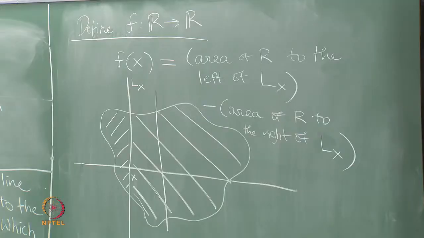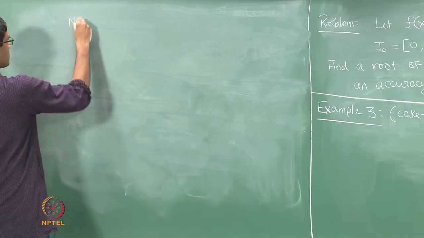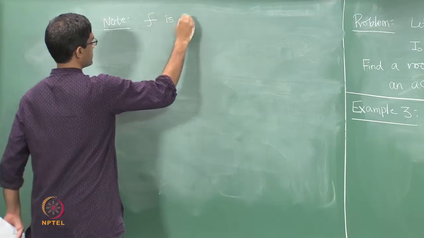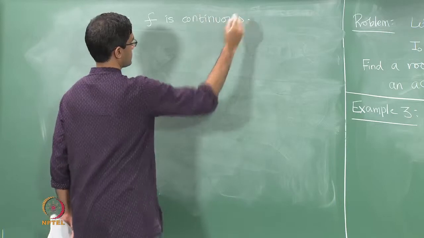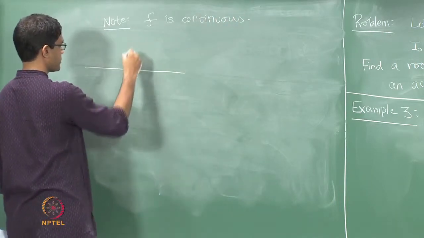Having defined the function, what we now need to do is check that. Firstly, observe this function f is in fact continuous, because as you change the value of x, the line moves.